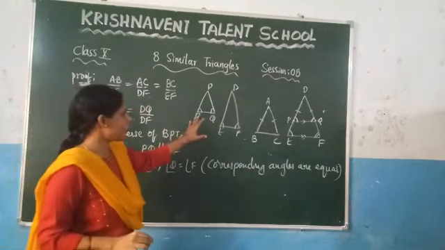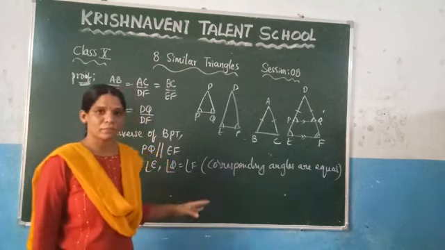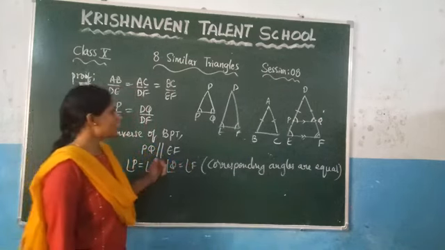And you know that in a triangle, if two angles are equal, then we can say that the other angle is also equal. Why? Angle sum property. You know that, right?